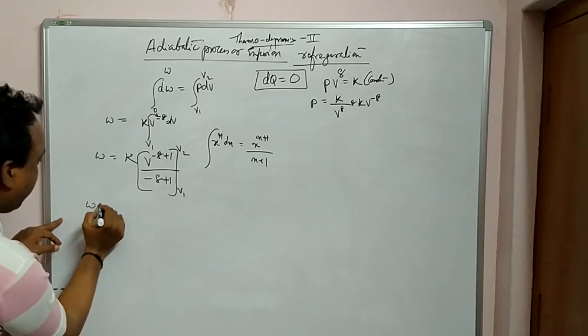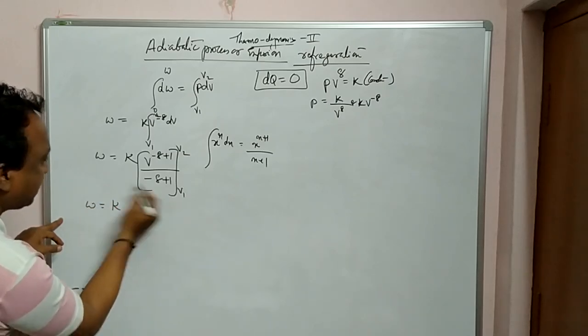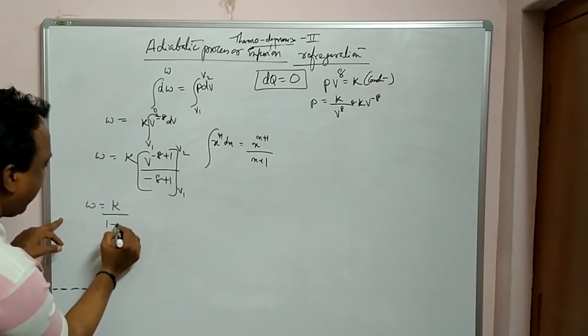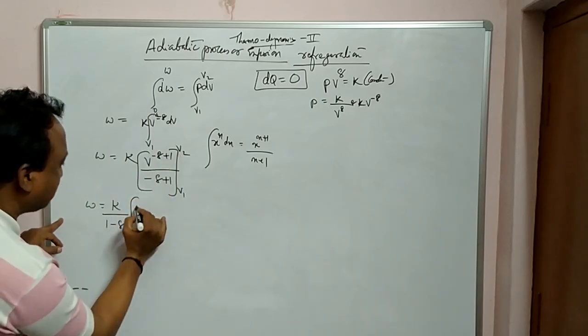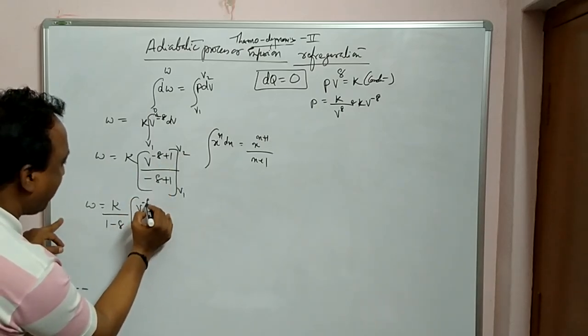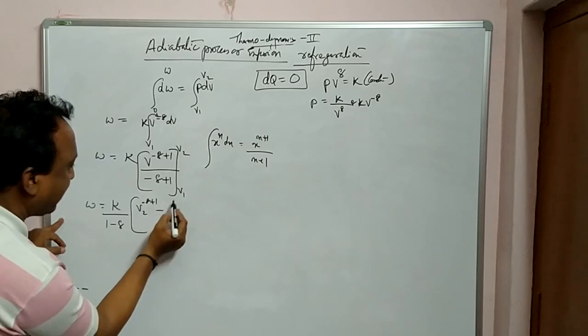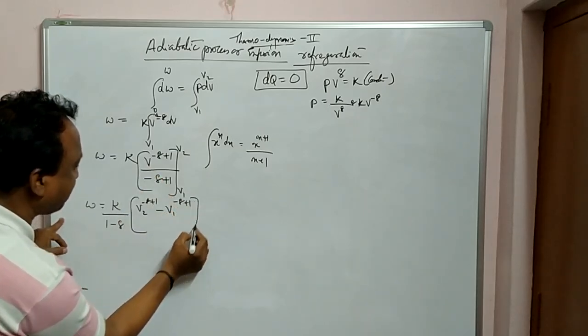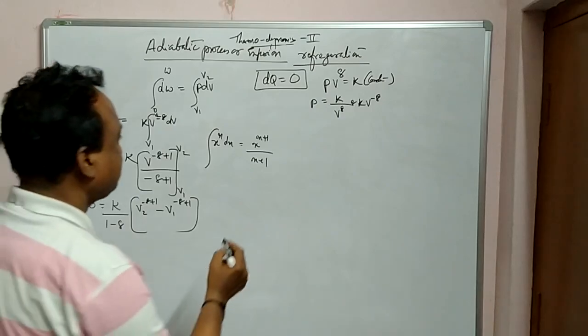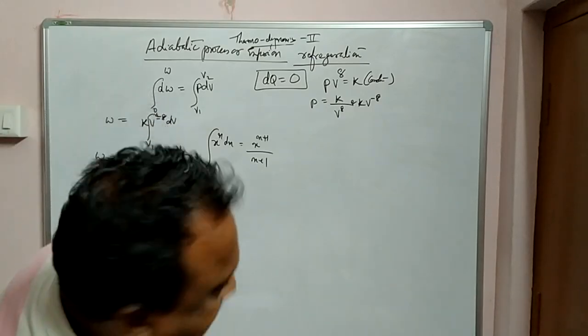Therefore, work done is equal to K, I'll take it outside, by 1 minus gamma, and inside the function, upper limit V2 to the power of minus gamma plus 1, minus lower limit V1 to the power of minus gamma plus 1. Clear? Note this down. I'll go to the next step.